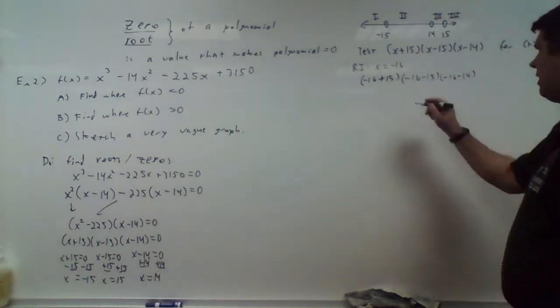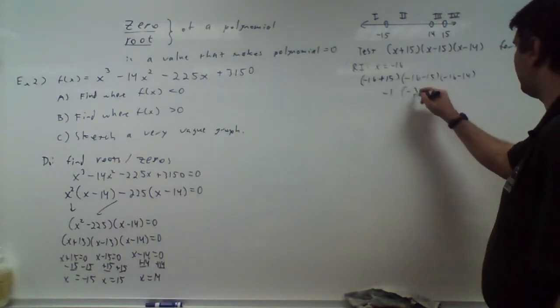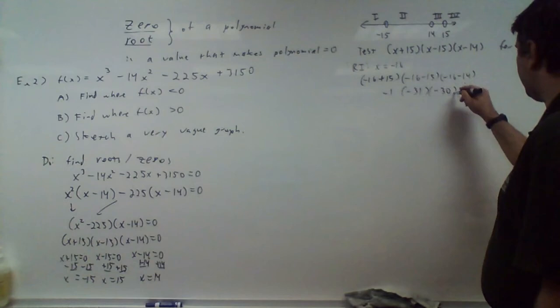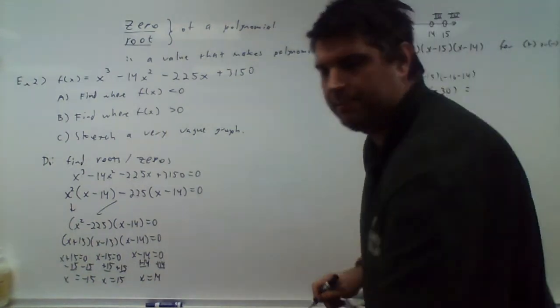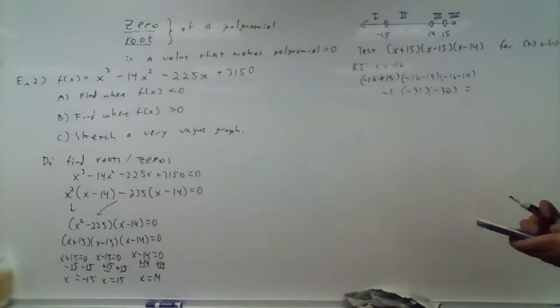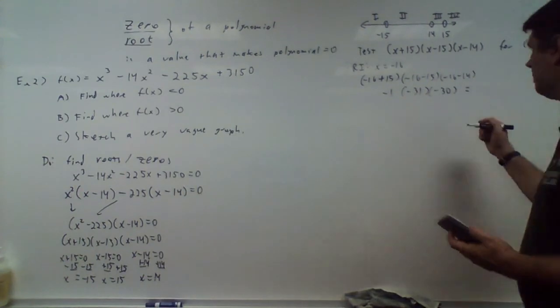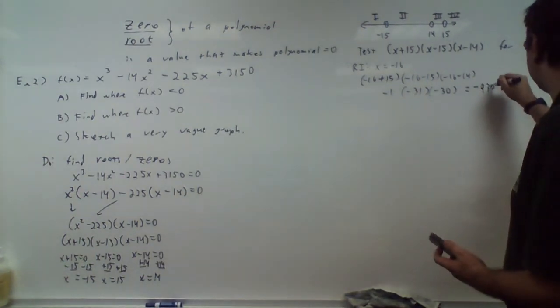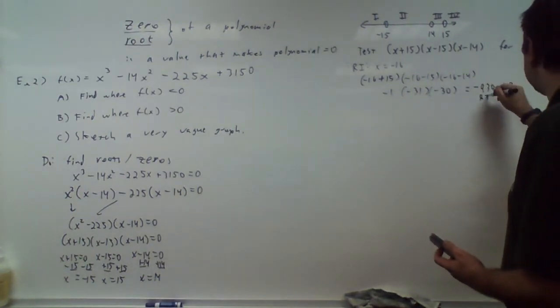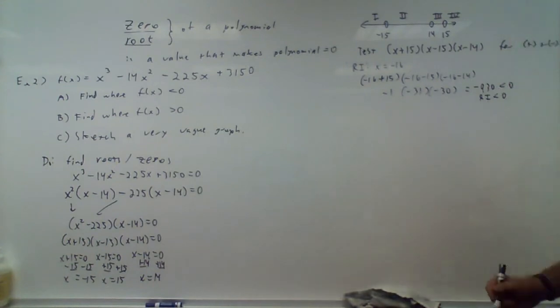So that's negative 1, that's negative 31, that's negative 30. Okay? That's going to be negative 930, which is less than 0. So region 1 is less than 0.